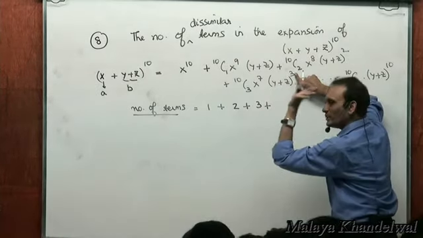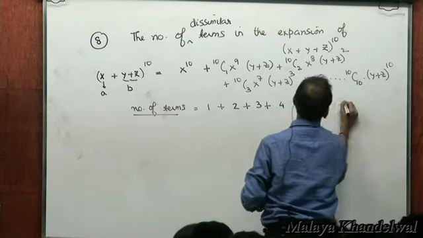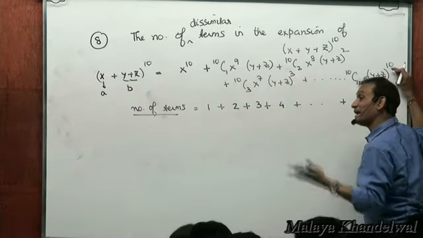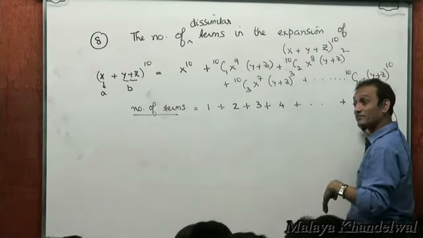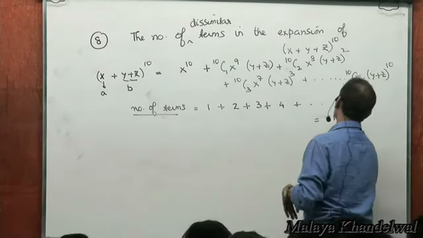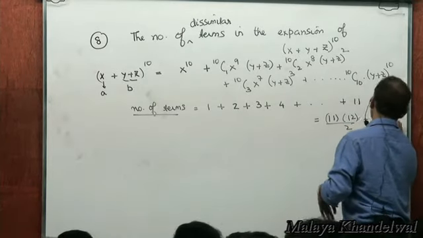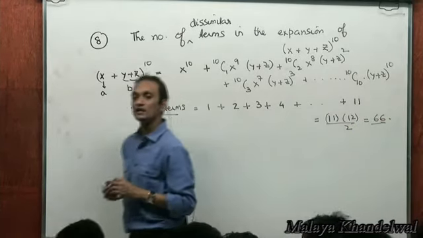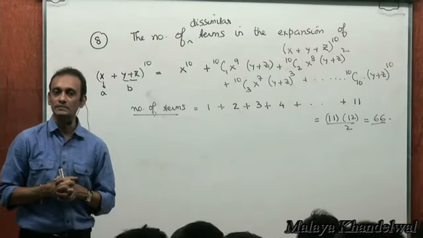Y plus z whole cube will give me four terms. Y plus z power 10 will give me 11 terms. What is this? Sum of the first 11 natural numbers, which is 11 into 12 by 2, which is 66. 66 dissimilar terms in the expansion of this.